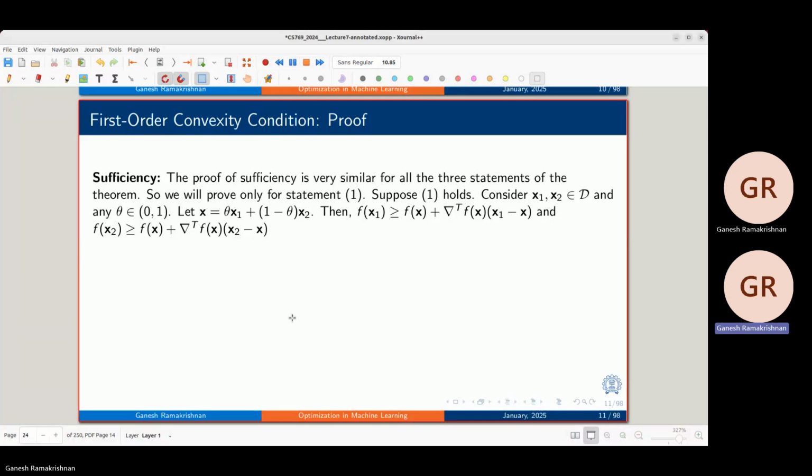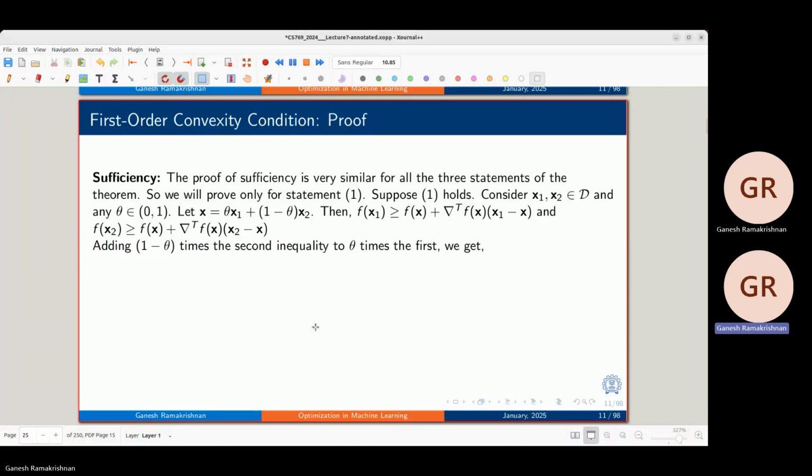Okay, so if you consider these two, adding 1 minus theta times, there's a small trick. You're not just adding those two inequalities, you're also saying the first inequality will have theta x1 and multiply. I want these two to cancel out, right? With this, I'll multiply a theta.